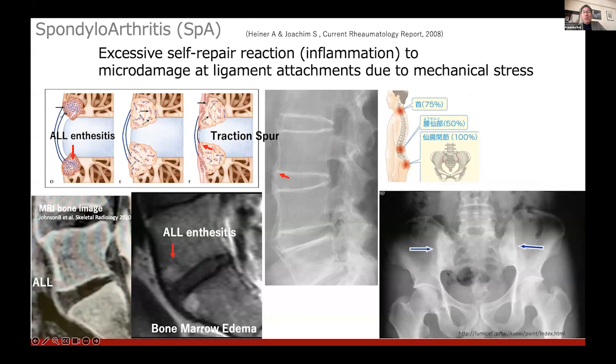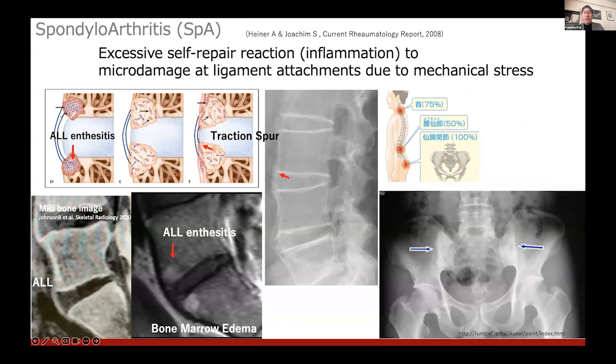Spondyloarthritis is a well-known condition in which the sacroiliac joints are affected. It has recently been reported that the pathogenesis of spondyloarthritis is an inflammatory process that results from an excessive self-repair reaction to micro damage to the attachment of spinal ligaments caused by physical loading.